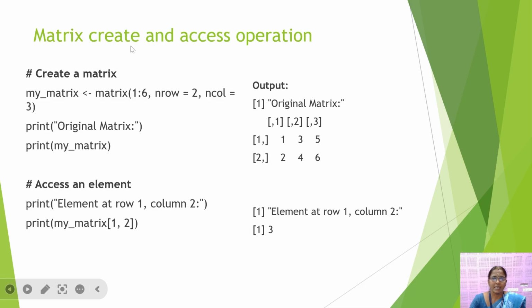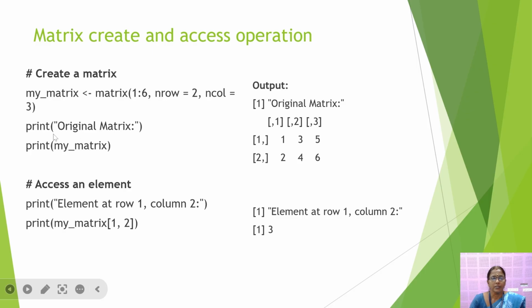Matrix creating and accessing operations in the matrix. Suppose you want to create one matrix: the matrix of 1:6 means the range of values taken starting with 1 and ending with 6, that is 1, 2, 3, 4, 5 and 6. The number of rows is 2, the number of columns is 3.